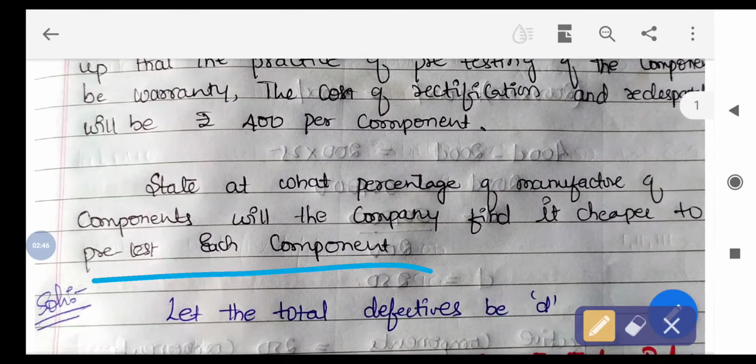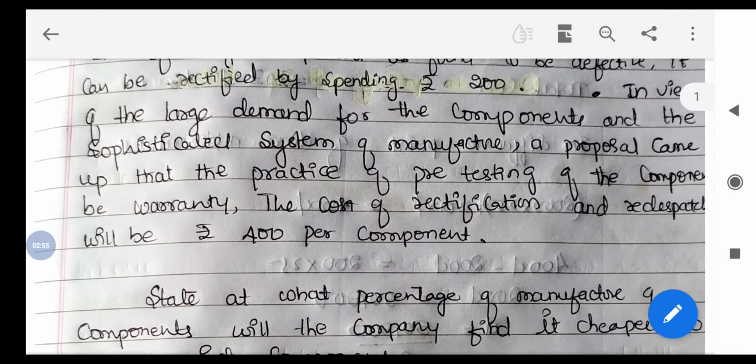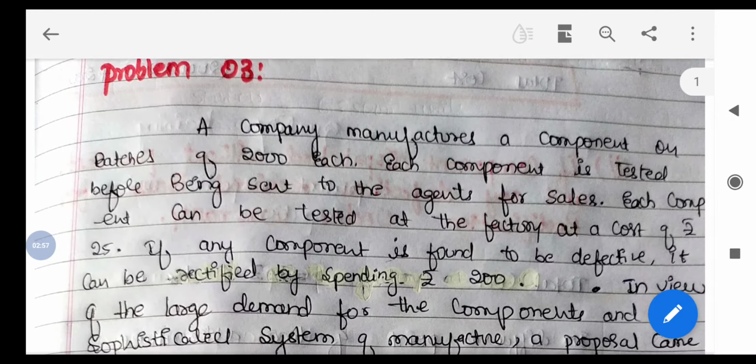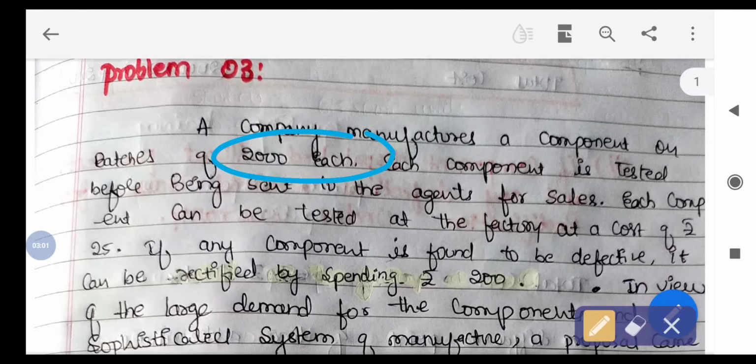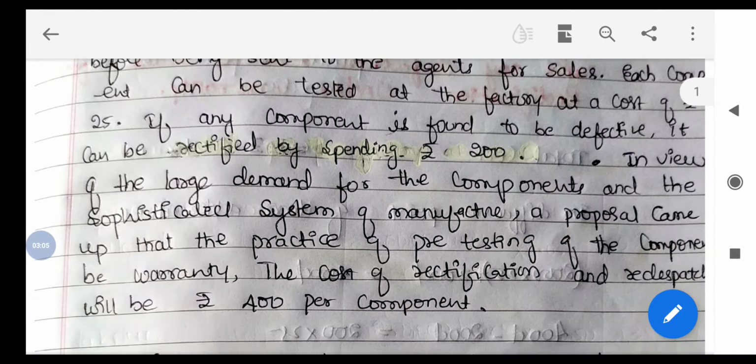If the defectiveness exceeds this percentage, they have to introduce pre-testing in the company. Here they have not given us the number of defective products out of these 2000 products, so we have to calculate it.